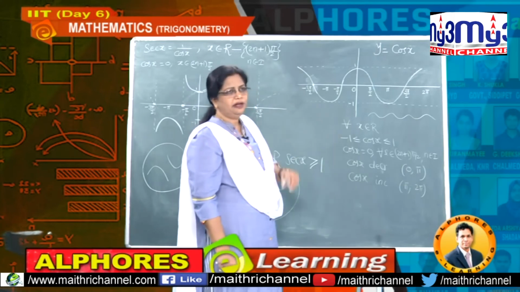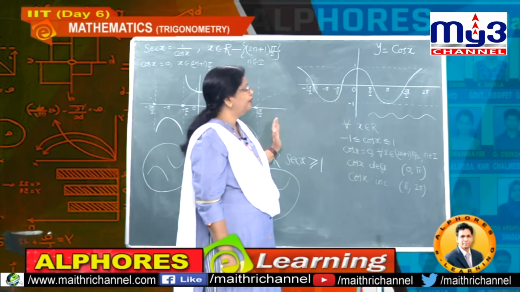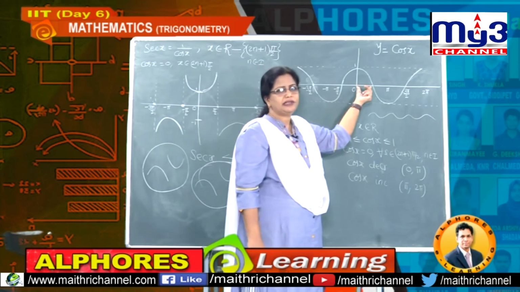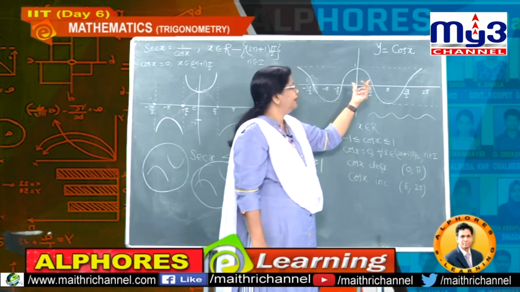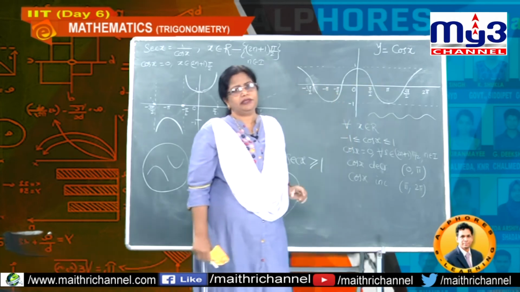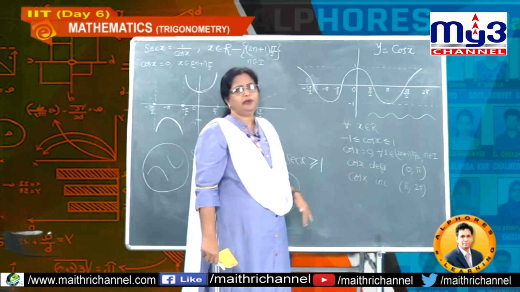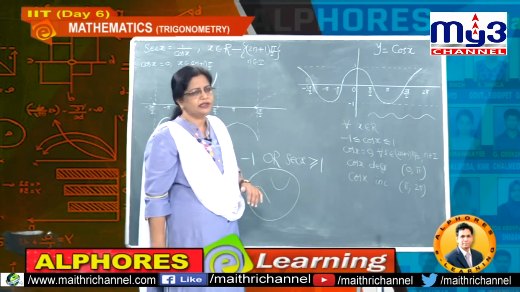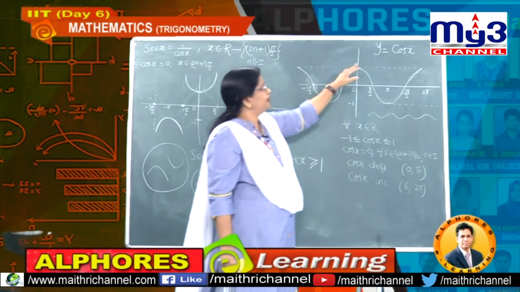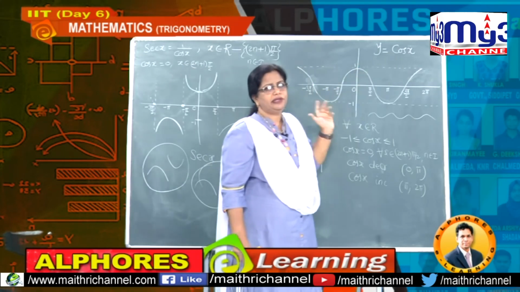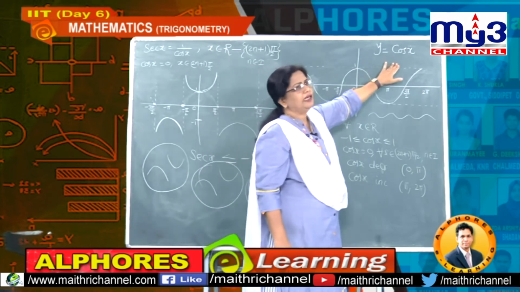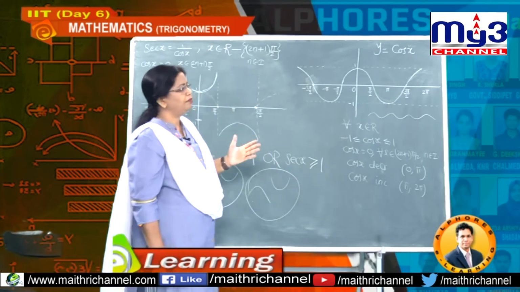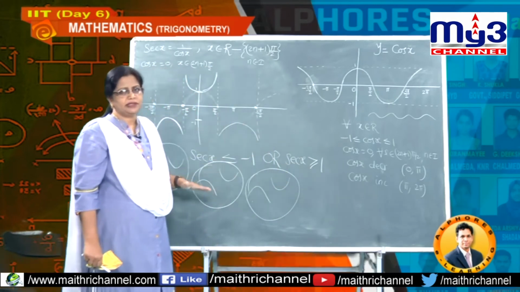Increasing and decreasing nature overall you can't say, but you can find it in different parts of intervals. Only in small intervals can you define the increasing or decreasing nature of these functions. And next, what kind of x values the function can take, and where exactly cos x lies, sin x lies, etc. These are the points we have discussed up to now.